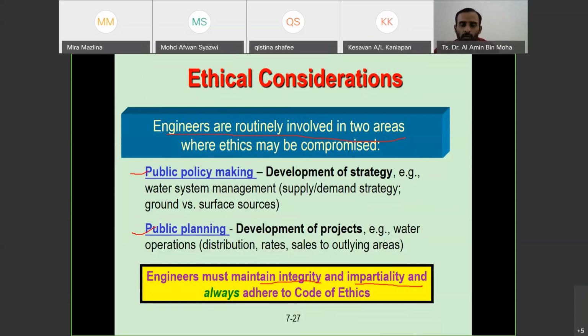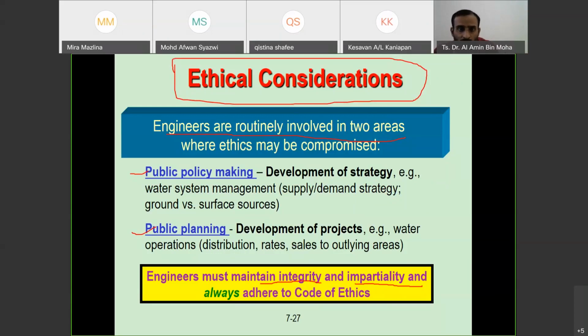We know about bribery, about selecting raw materials that are not of good quality just to reduce the price, and then you get the money. There are many unethical things. We should not involve ourselves in those kinds of acts. I hope we understand that.